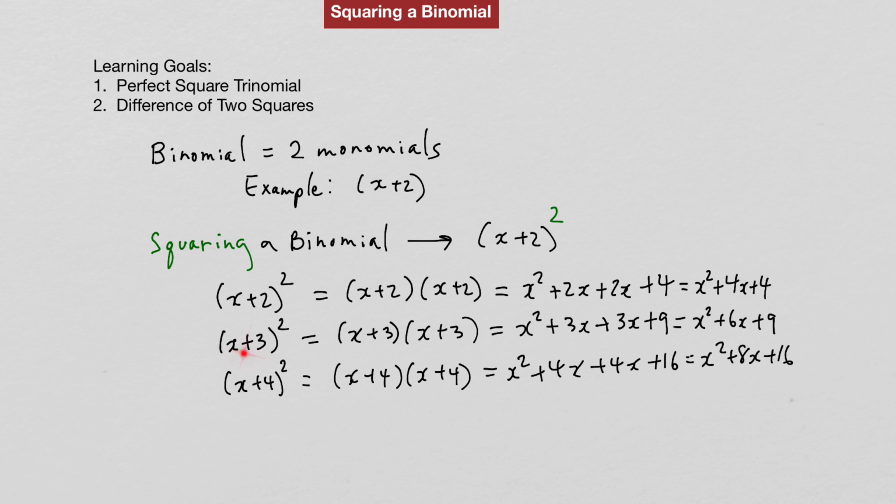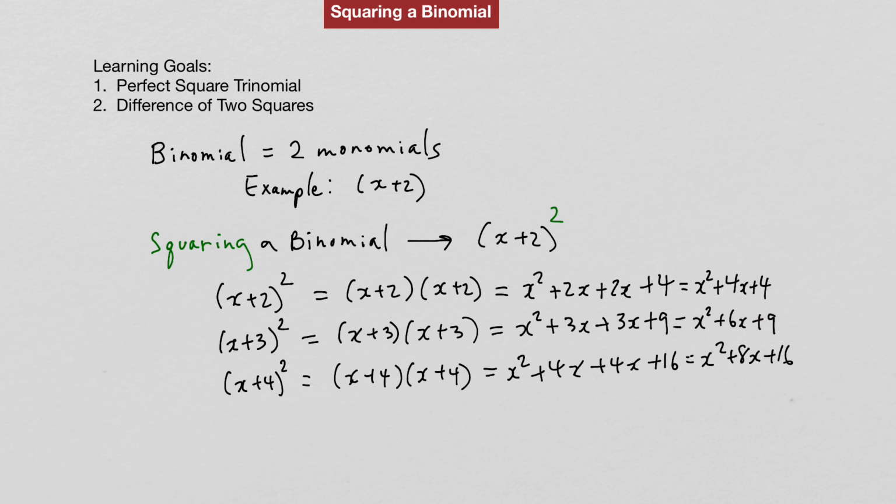We started out with x plus 3 quantity squared, and we landed with x squared plus 6x plus 9. Take a couple seconds and just look at both of those examples. What do you notice here?